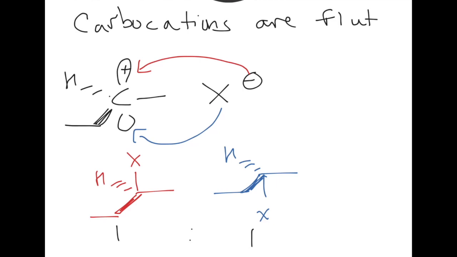I don't make one chiral center, because I have a 50% chance of making the R and a 50% chance of making the S. So you always make a racemic mixture. Half the time you add from the top, half the time from the bottom. We can never just make R or S when we have a carbocation. We always make a mixture.